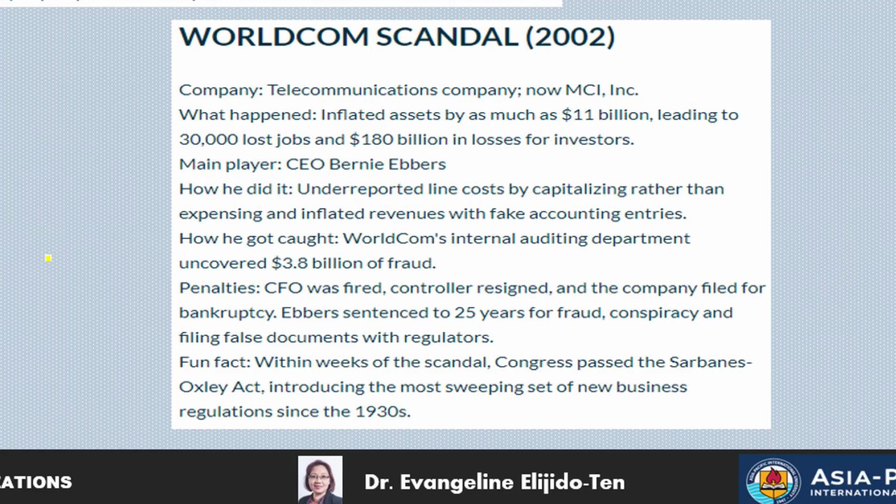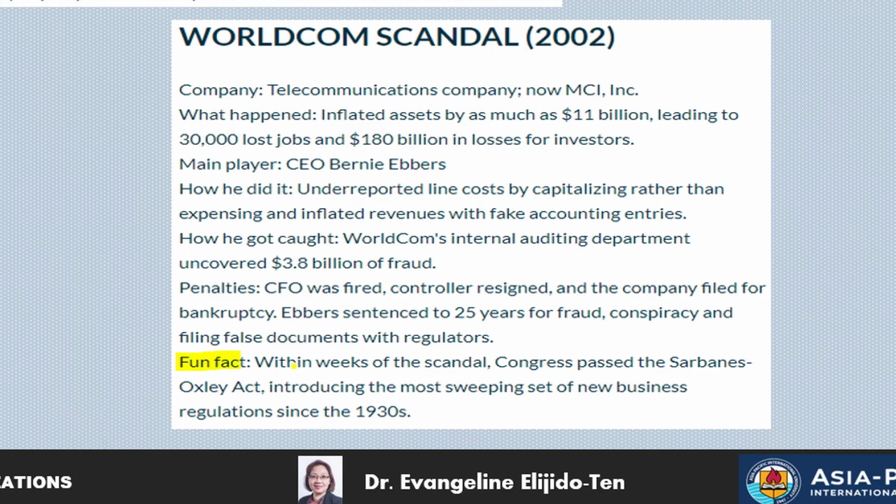So how was he caught? Well, WorldCom's internal auditing department uncovered $3.8 billion of fraud. So what's the penalty? The CFO was fired, the controller of WorldCom resigned, and the company filed for bankruptcy. The CEO, Ebbers, was sentenced to 25 years for fraud, conspiracy, and filing false documents with the regulators.